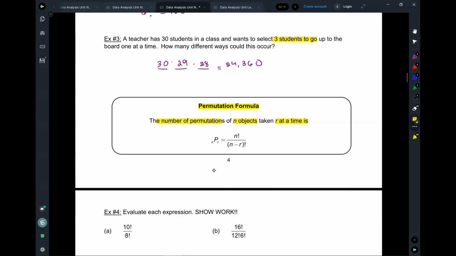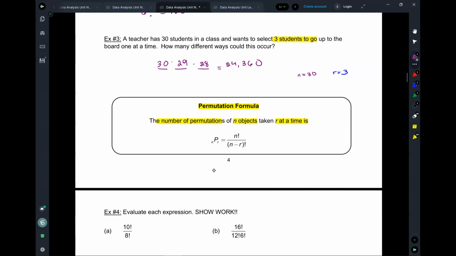n factorial over n minus r factorial. So in this case, we had 30 students. n is 30. We're taking 3 of them, so r is equal to 3. Let's see how the formula plays out.